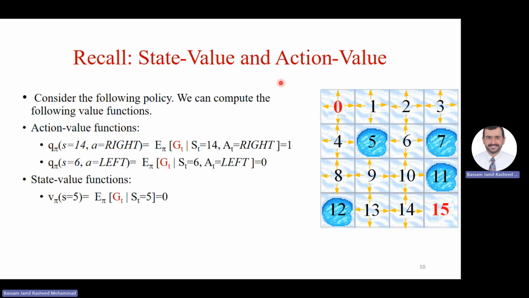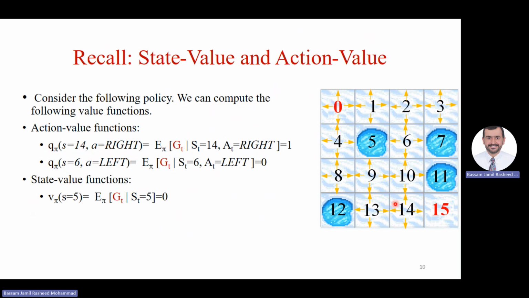Okay. I'm going to repeat an earlier discussion of how to compute the action value and the state value. This is a discussion that has been covered in earlier classes, so you can look at it and review it. For the sake of time, I'll just say this is how to compute the action value for right given state 14.